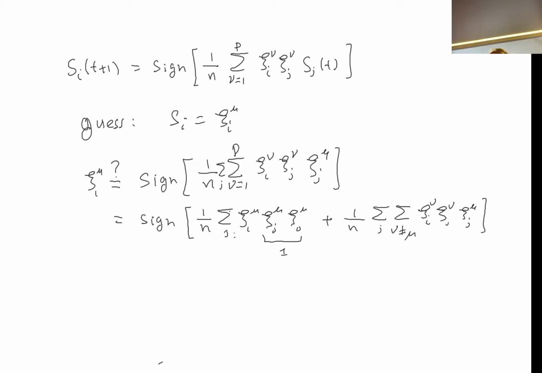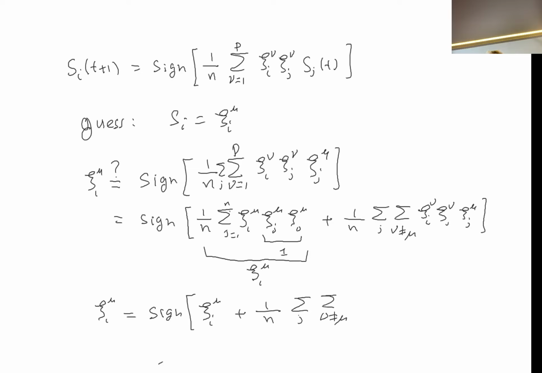The sum is from 1 to n, so this term here is just equal to squiggle I mu. So what we have is squiggle I mu equals a sine of squiggle I mu plus 1 over n, the sum on j, the sum nu not equal to mu of squiggle I nu, squiggle j nu, squiggle j mu.